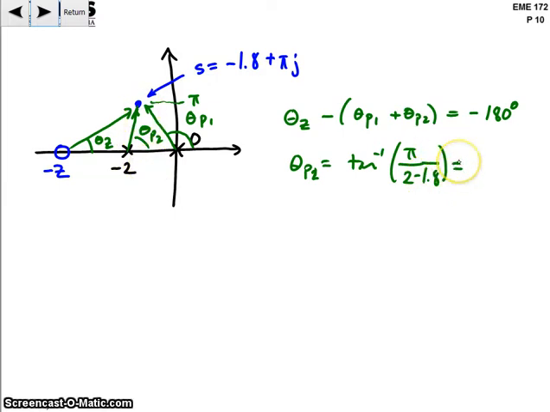And so when I do that calculation, I get 86.4 degrees.